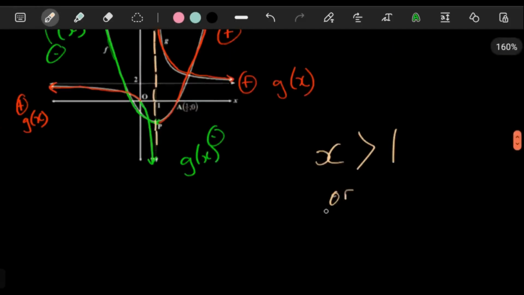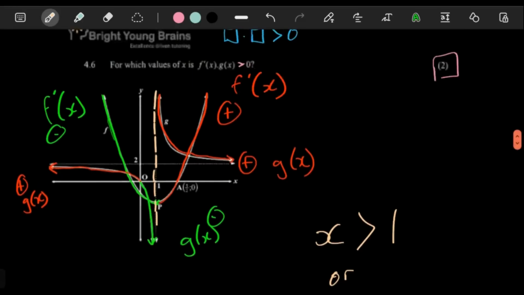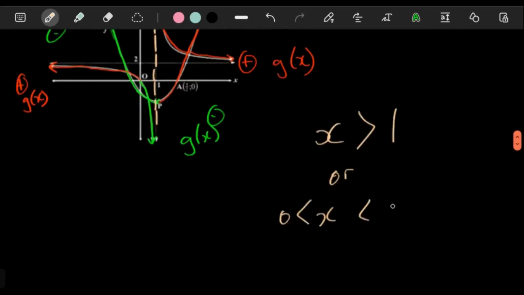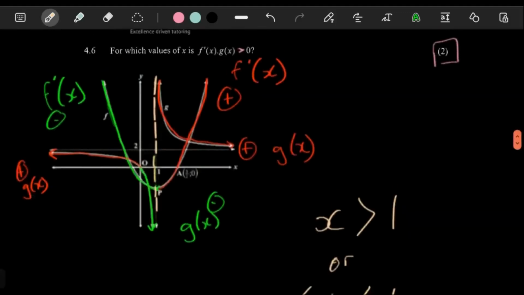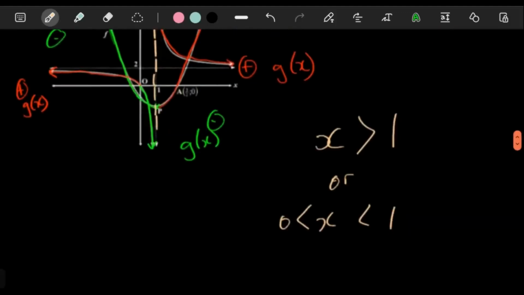And then the portion where they are both negative at the same time is between 0 and 1. You see, between 0 and 1, we have negative y values and negative gradients also. So we can say here, x has to be bigger than 0, or x is smaller than 1. Yeah, so between 0 and 1. Here, this is important that you put your answer like this.